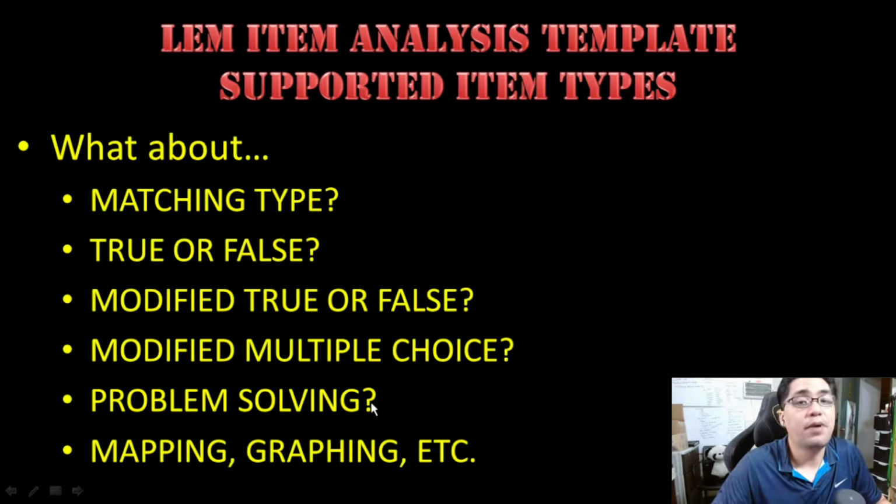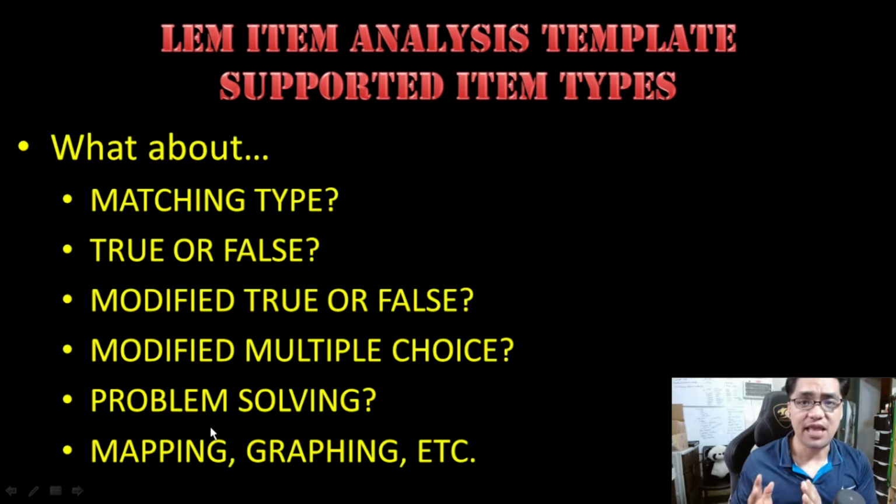Next, we have problem solving. What kind of test type is problem solving? It depends on the nature of the scoring of your problem solving item. There are certain problem-solving items that are dichotomous in nature. In other words, you ask the students to make a calculation and you only check the end of the calculation. The end of the calculation is either correct or wrong. In that case, that is a dichotomous item.